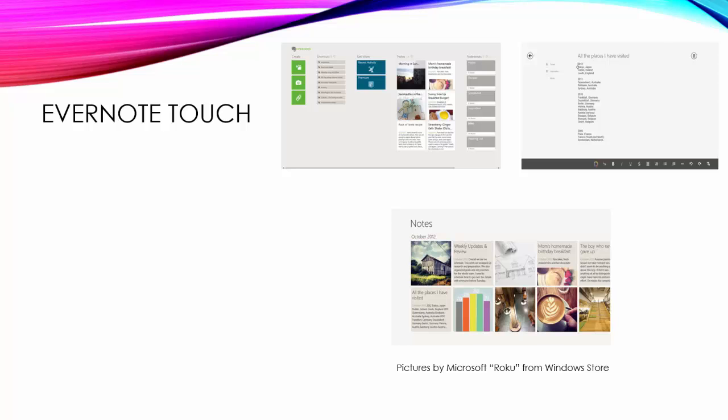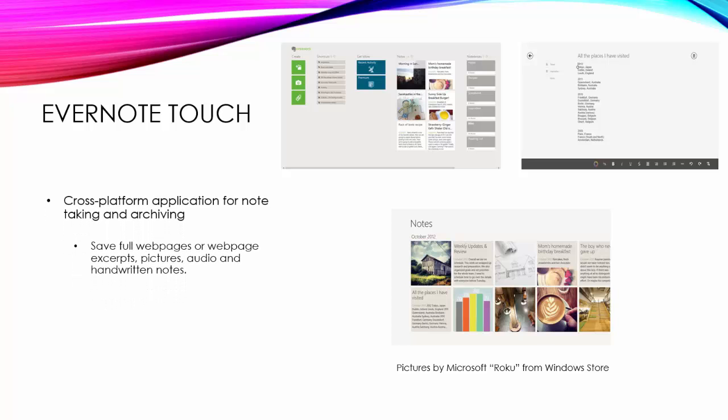With Evernote, a user can save full web pages or web page excerpts, pictures, audio, and handwritten notes. The user organizes the notes into notebooks and can add tags, edit, add comments, search, or export as necessary.